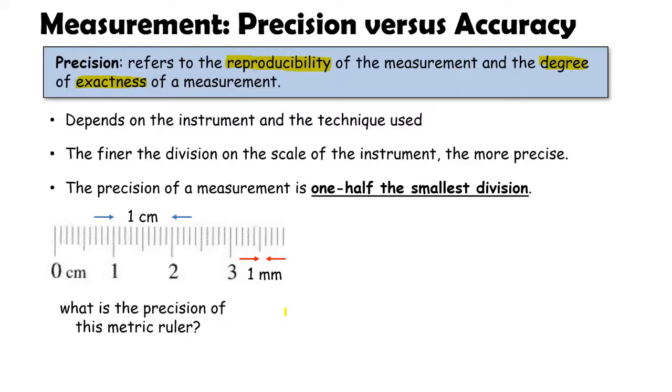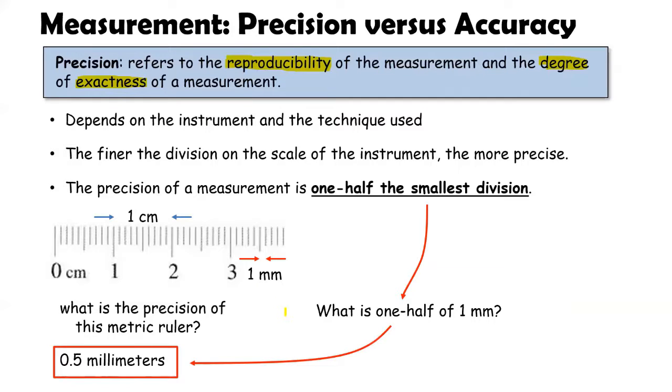So if we ask, what is the precision that we can measure to using this ruler? It's 1/2 of that smallest division. In other words, 1/2 of 1 millimeter would be simply 0.5 millimeters. So if I ask you to make a measurement using this, you could tell me it's 31 millimeters or 46 millimeters. Or you could say 35.5 millimeters.